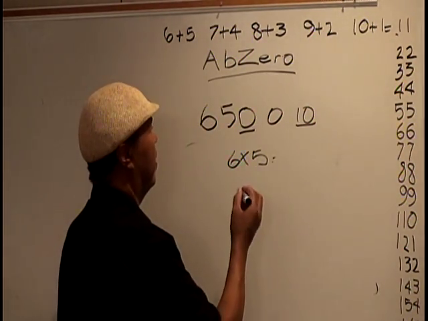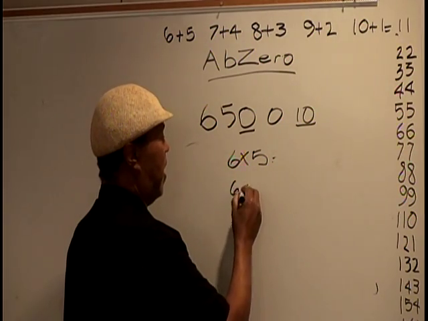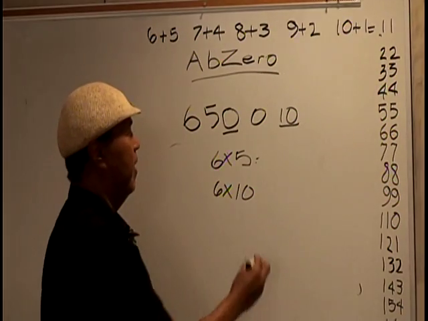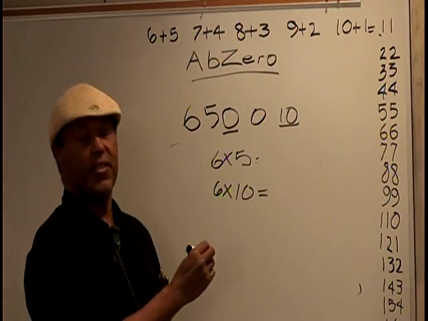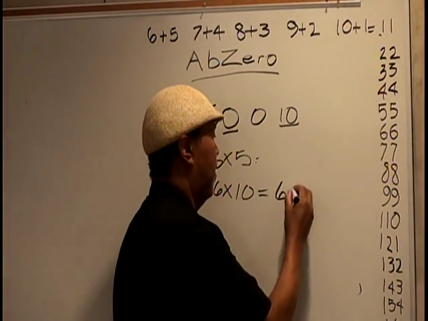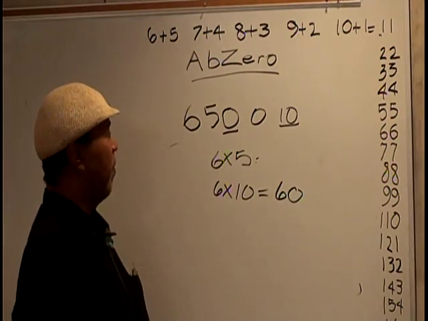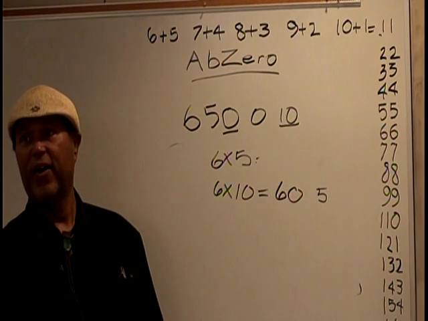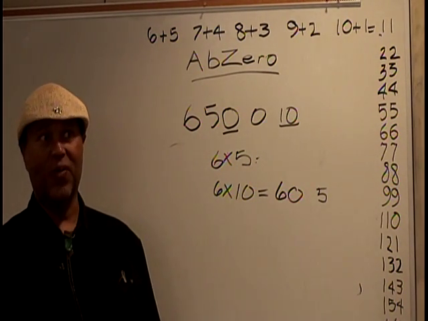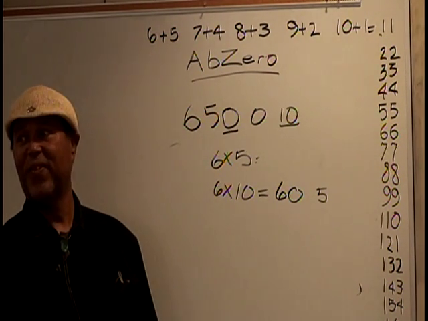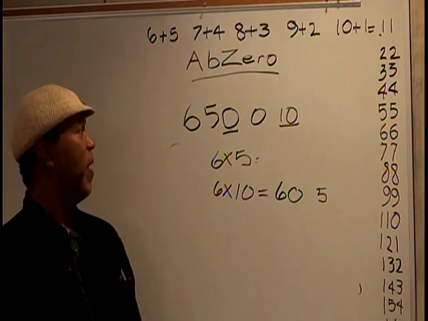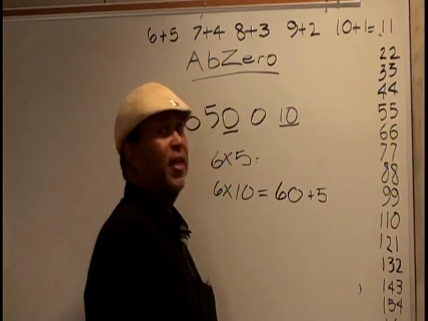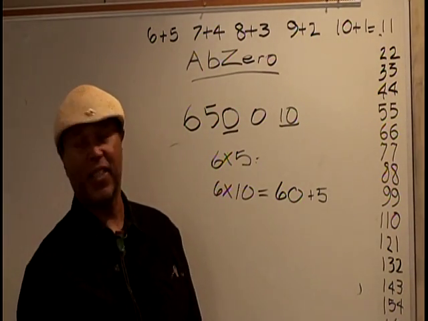How about 6 times 10, using the 0 as 10, equals what? 60. Now we're left over with the 5. What can we do with the 5 to get to our goal? How about if we add the 5? 60 plus 5 is what? 65.